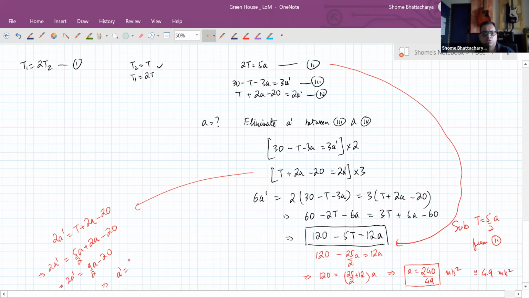So A prime will come from this, so we can make this calculation next.